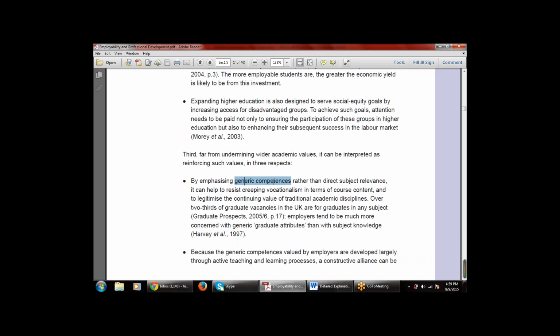First, by emphasizing general or generic competencies rather than direct subject relevance, it can help to resist creeping vocationalism in terms of the course content and to legitimate the continuing value of the traditional academic disciplines. So in simple terms, we can focus on the generic competencies rather than the direct subject relevance.